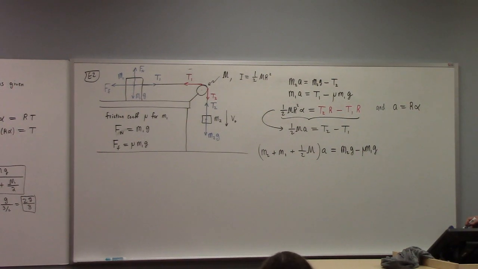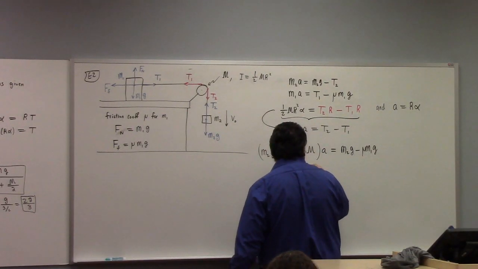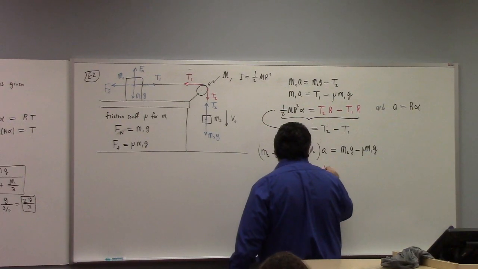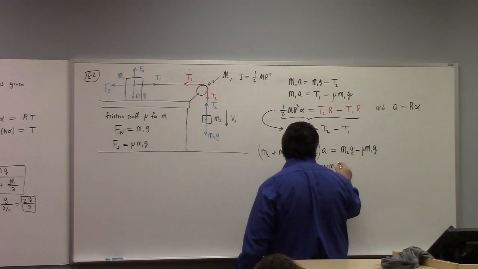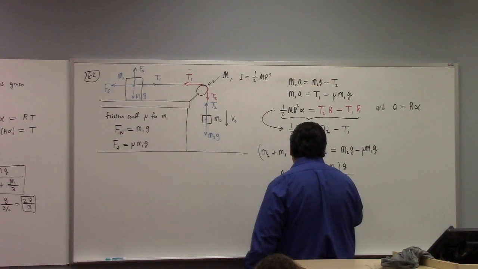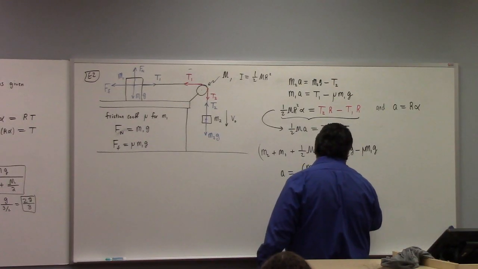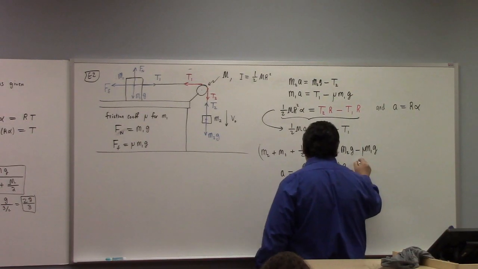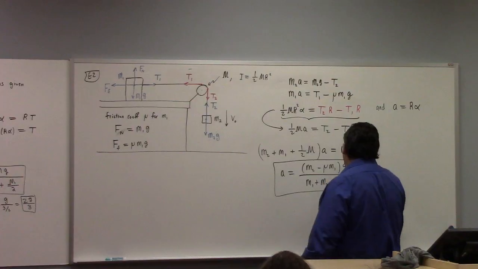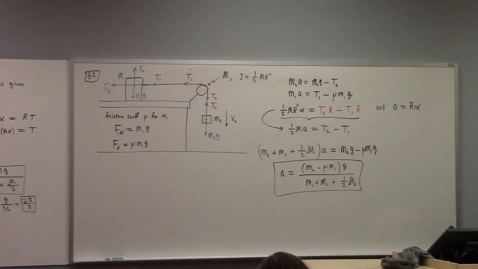The T1 cancels with the T1s, the T2s are canceling. So yeah, that's it. So the acceleration of the system is M2 minus mu M1, all times G, divided by M1 plus M2 plus 1/2 big M. All right? And then, of course, we could answer a variety of other questions, kinematically, if we wanted to.